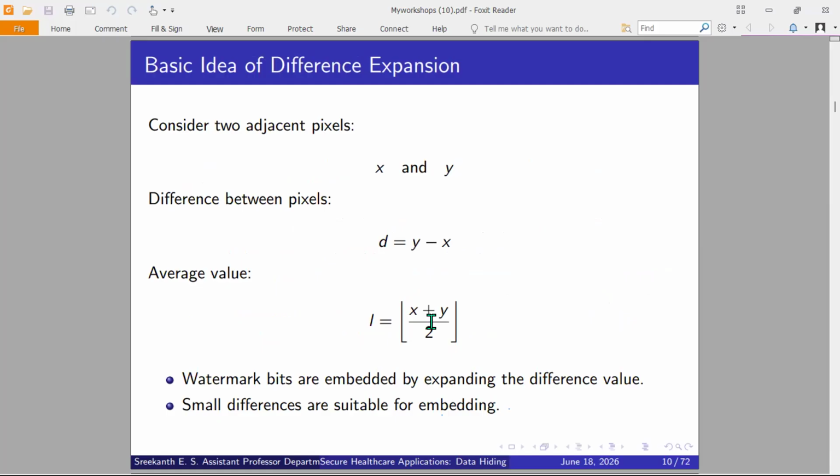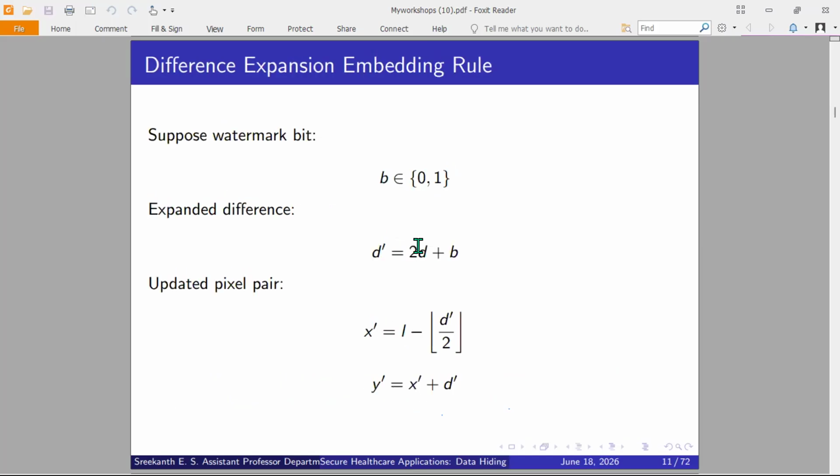We are going to embed a bit within these 2 adjacent pixels reversibly. For that, we need to calculate 2 values, d and a: d is the difference and a is the average.